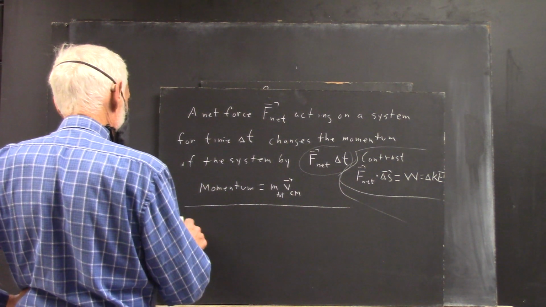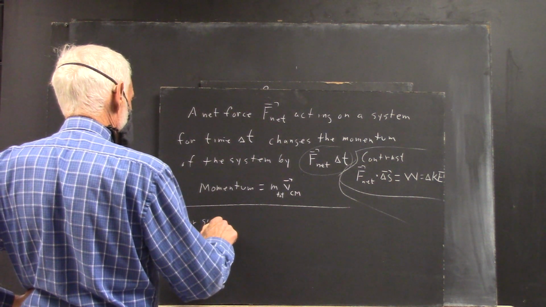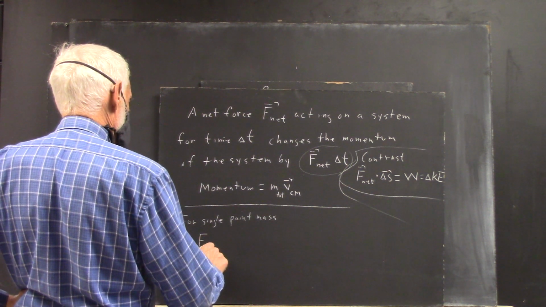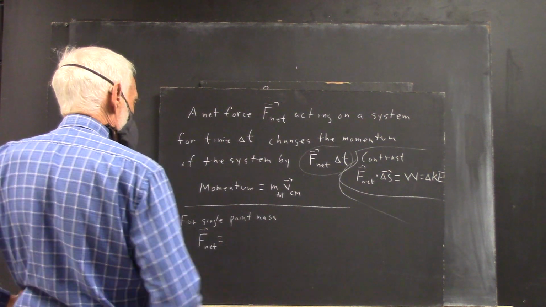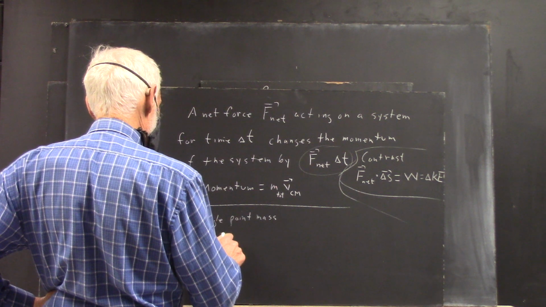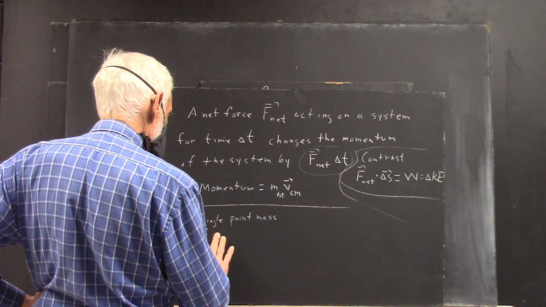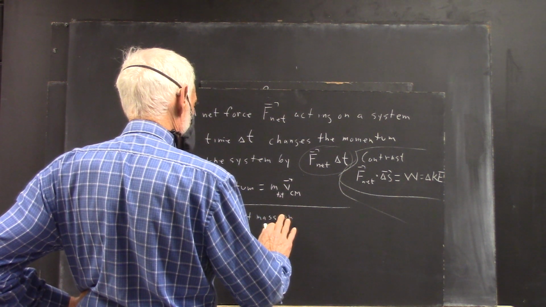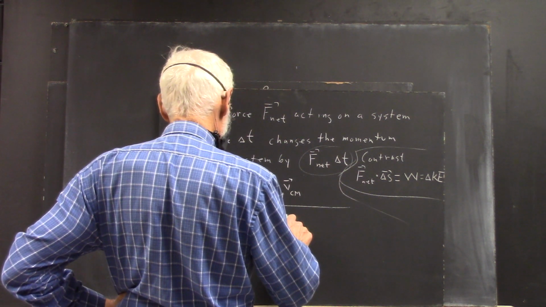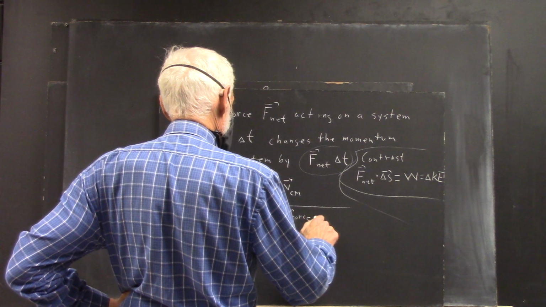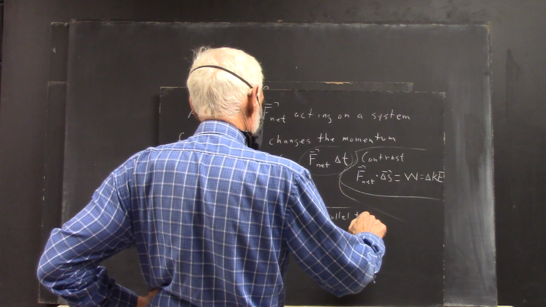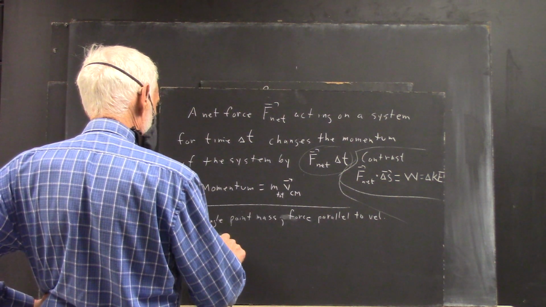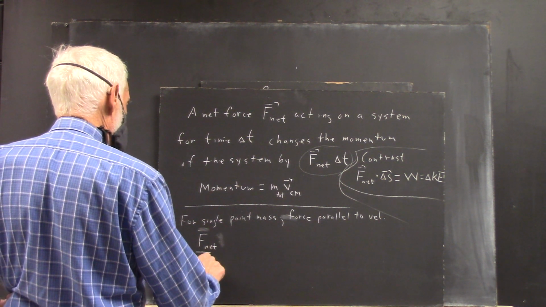Now I'm going to show you just for a single particle. For a single point particle, F net equals, okay, for a single point mass with a force parallel to velocity, acceleration of the particle is F net divided by the mass.